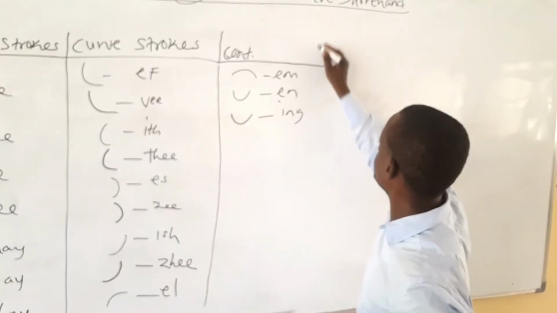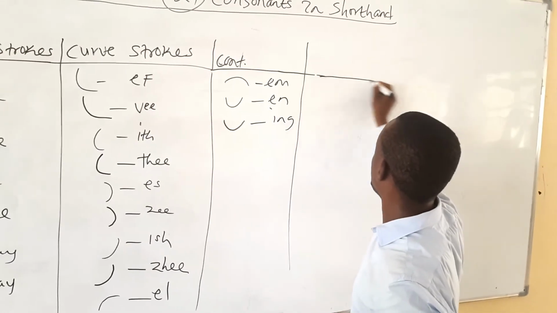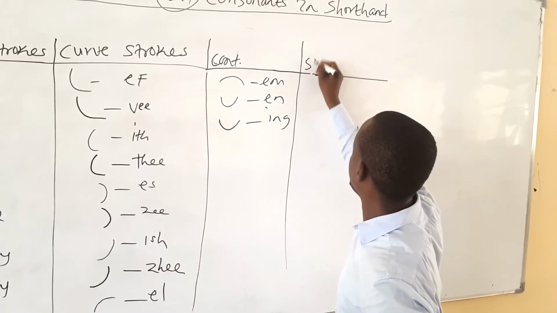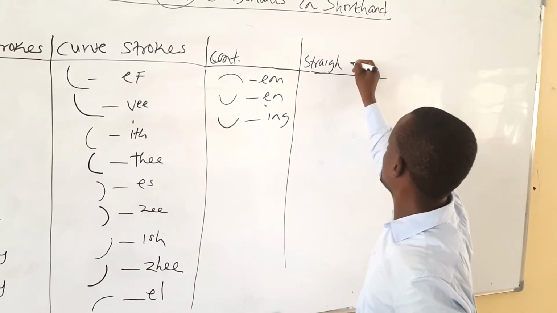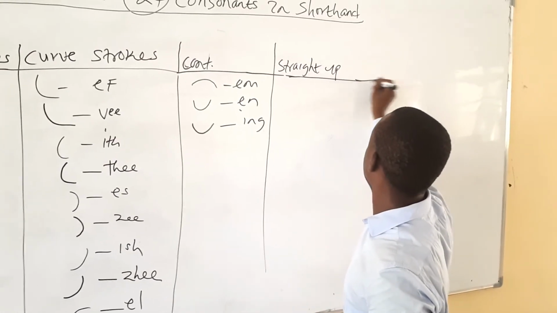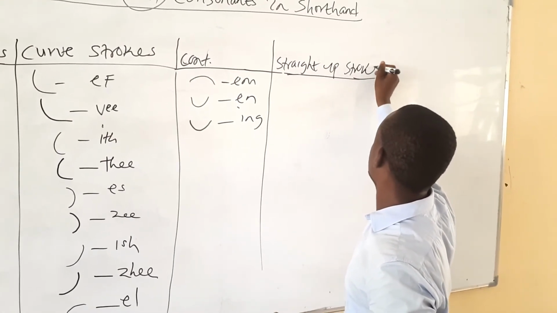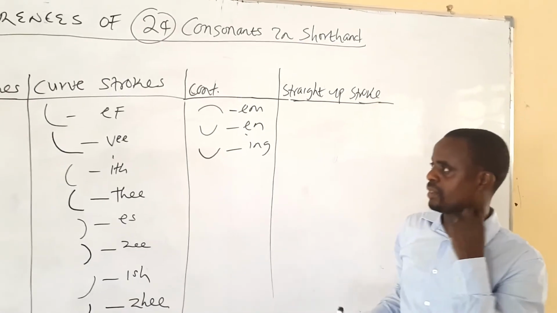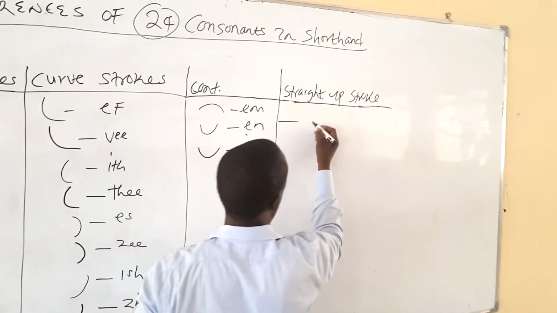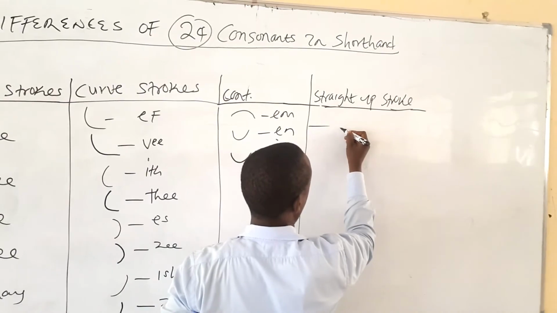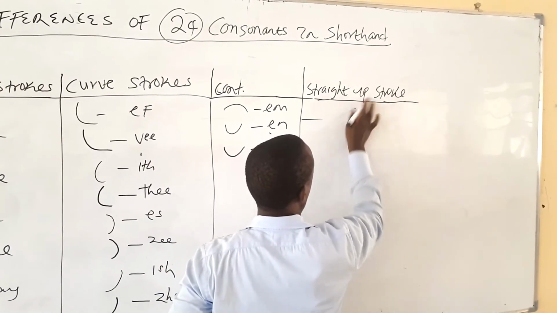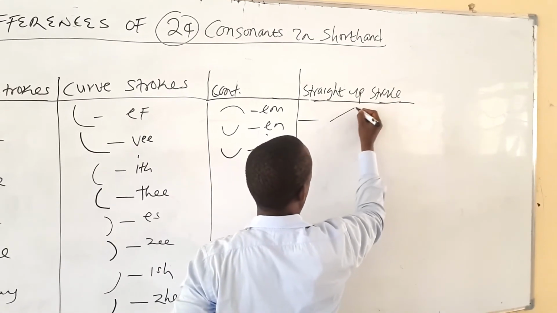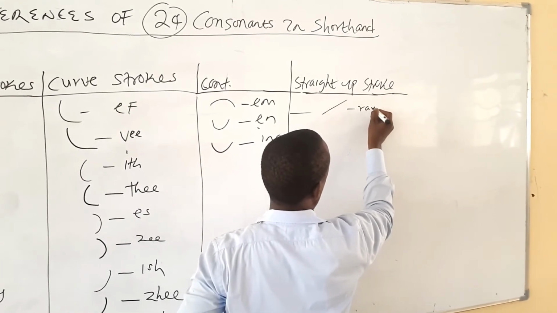Okay, now we have some of the components we call straight up strokes. They are written straight, like we have ray off. We call them ray off.